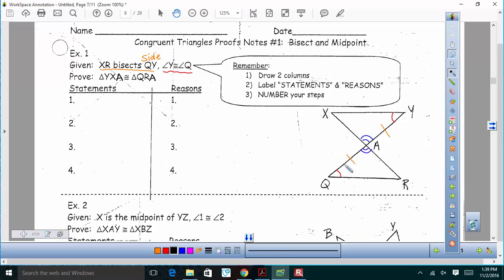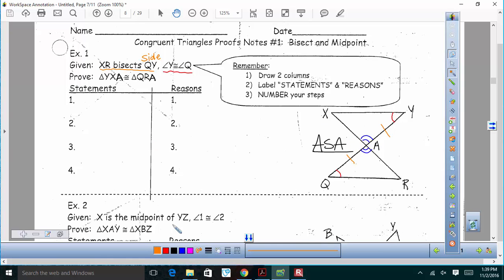So, if I was going to prove this, what would this triangle be like? Would it be side, side, side, side, angle, angle, angle, side, angle? And then this one would be angle, side, angle. So this is proved by angle, side, angle. So you basically wrote your whole proof in a picture. Now we're just going to write it in the chart.